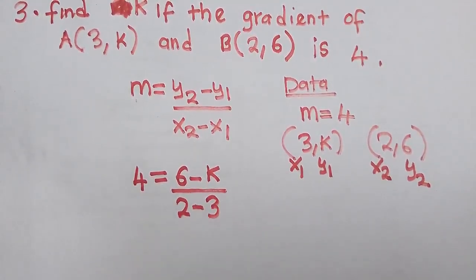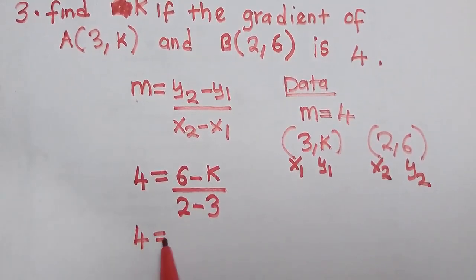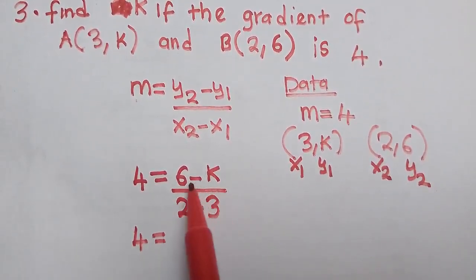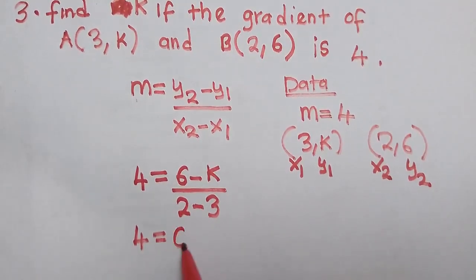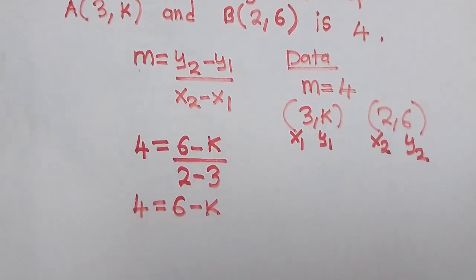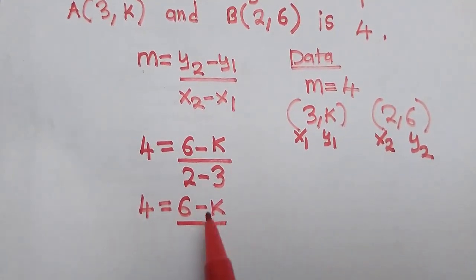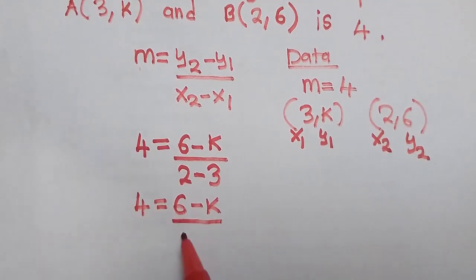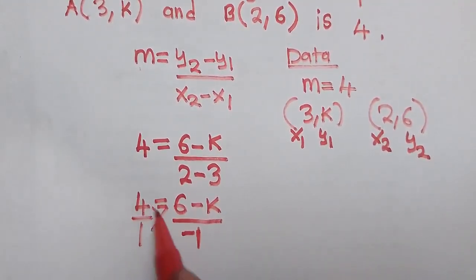Like this. Then you say 4 is equal to, you cannot subtract these. Why? Because these are unlike terms. So 6 minus k will maintain. Then you say over. What is 2 minus 3? You get negative 1. Here you say over 1, then you cross multiply.